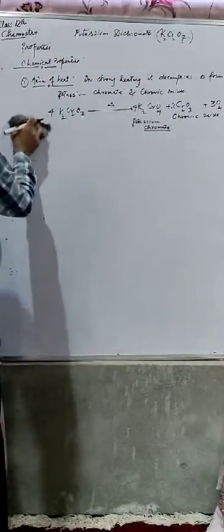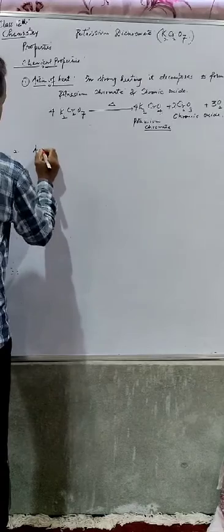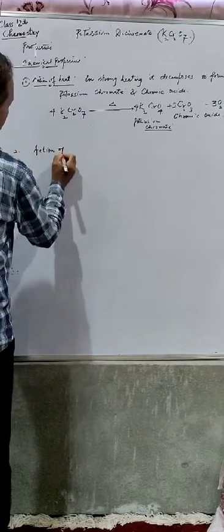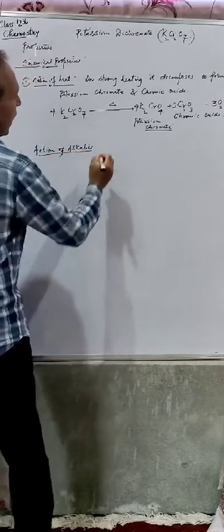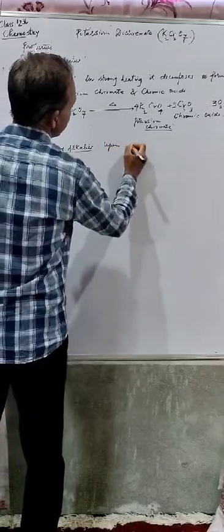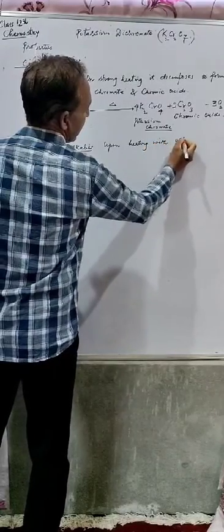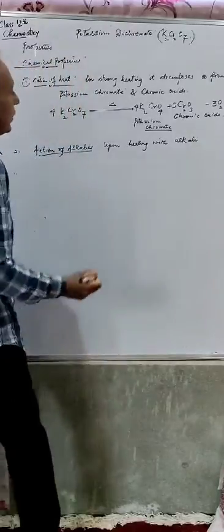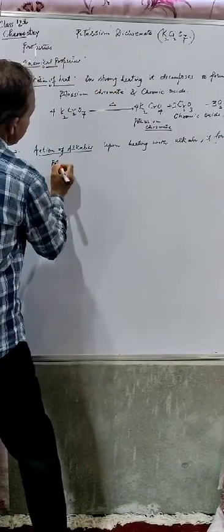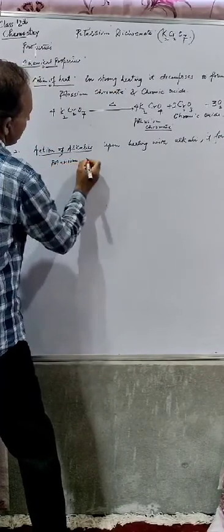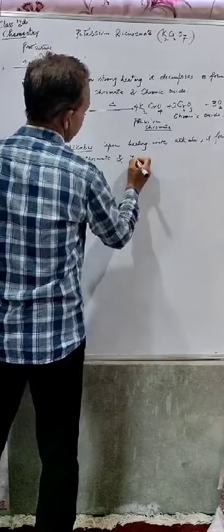Number second is action of alkalis. Upon heating with the alkali, it forms potassium chromate and yellow color.